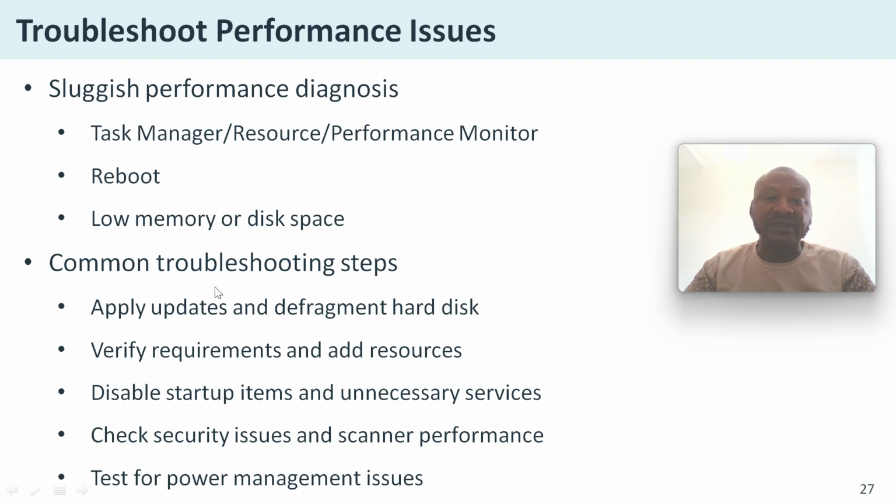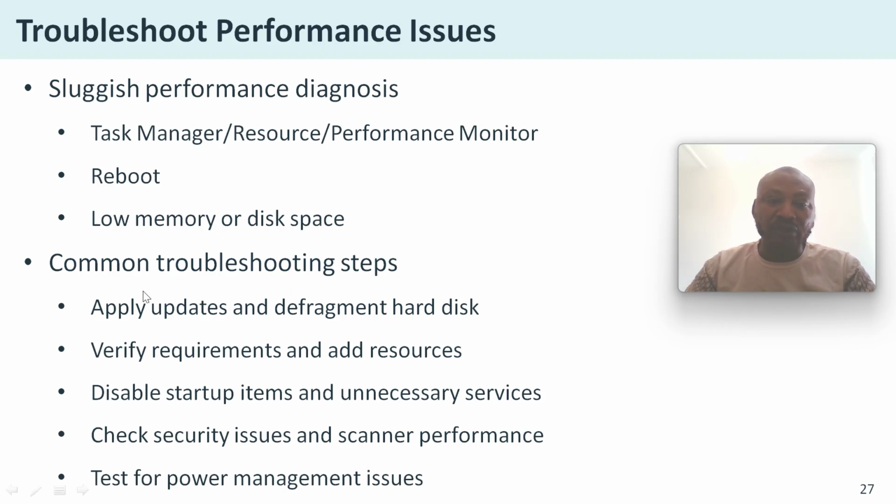If your system is slow, go to Task Manager and see what is causing the system to slow. At times you might need to reboot the system if it is very slow, right? It might be that your memory is low. If you go to Performance Monitor, you can see the memory usage, disk space, and everything. Check disk space too. It might make your system slow.